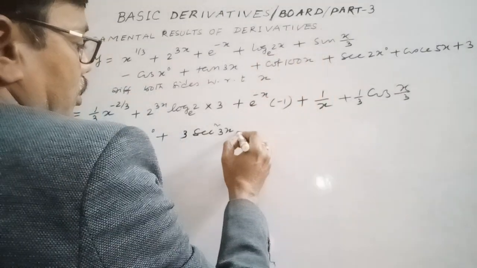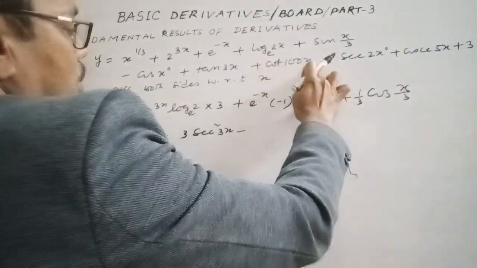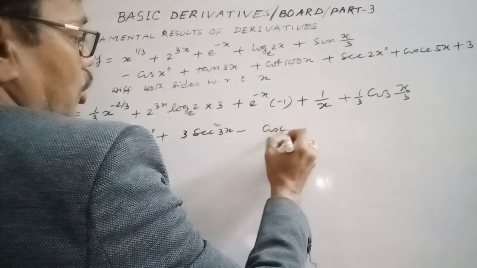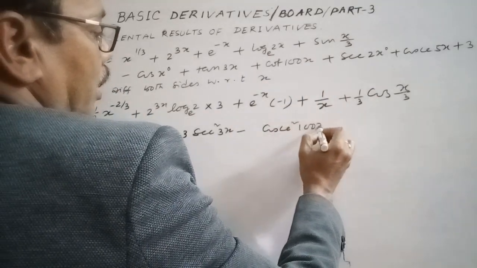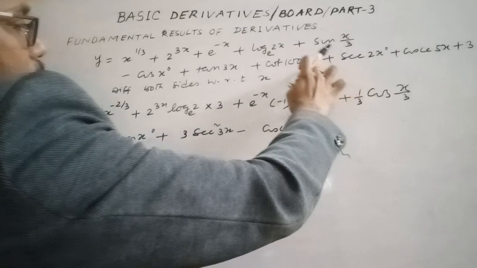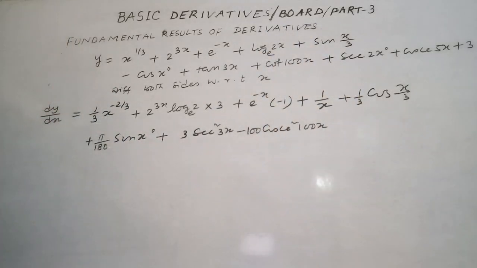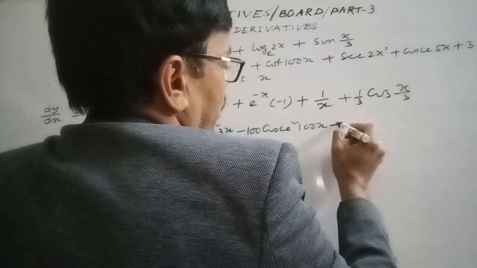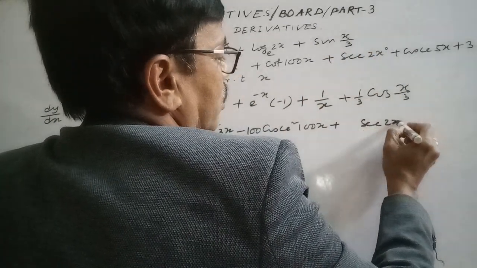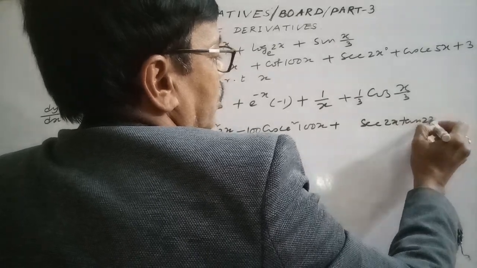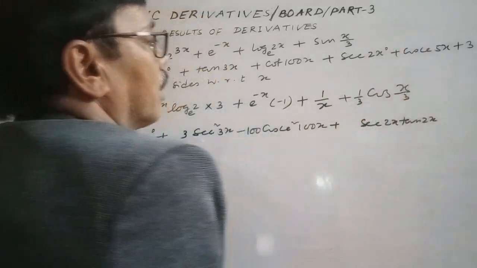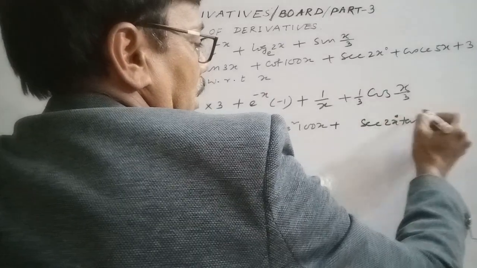Cot 100x, derivative of cot starting with c, so it is negative, cosec square 100x, argument must be same, into coefficient of x, that is 100. Sec 2x, derivative of sec x is sec 2x into tan 2x multiplied by 2x degree.